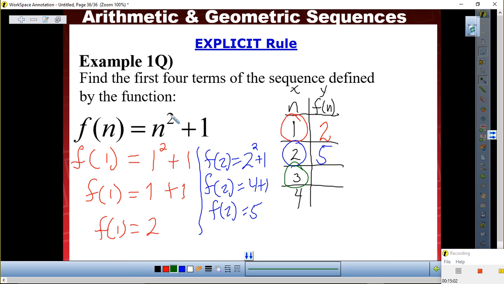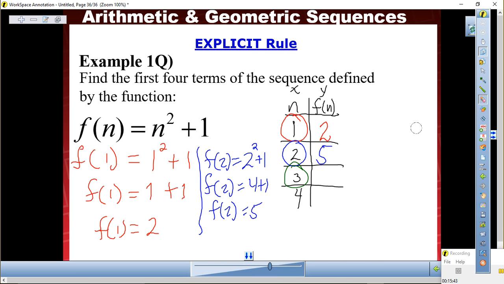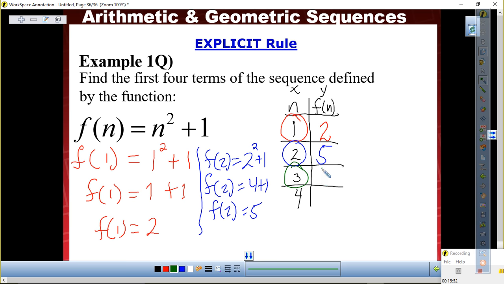Look up, Christian. It's not times 3 times 2. This means 3 times 3. Therefore, what is f of 3? Ryan. 10. Hands if you got that. That is correct.